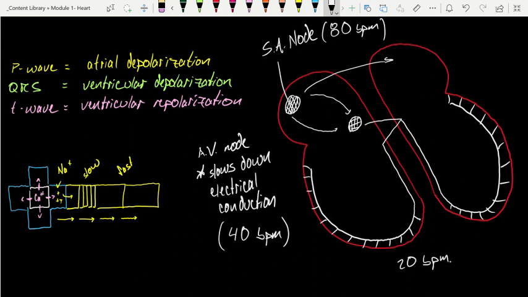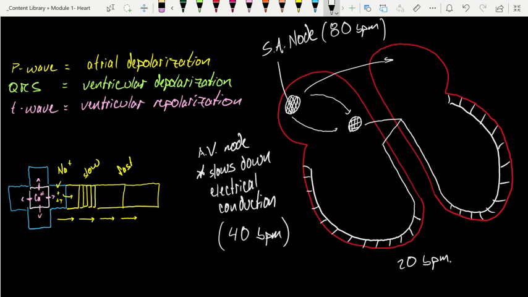In this way, if the SA node fails, the AV node will then take over. Of course, at 40 beats per minute, you're going to see a rapid loss of blood pressure. The person is going to probably pass out, but they'll come to, and beating at 40 beats per minute, I'm not going to go out and run a marathon anytime soon, but it's certainly sufficient to give me enough time to get to the hospital where I can receive medical help.